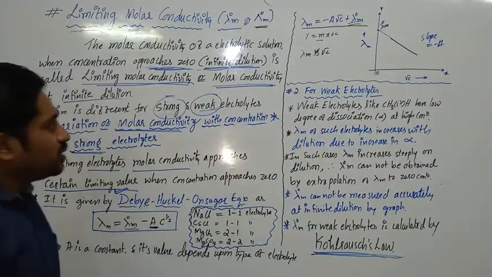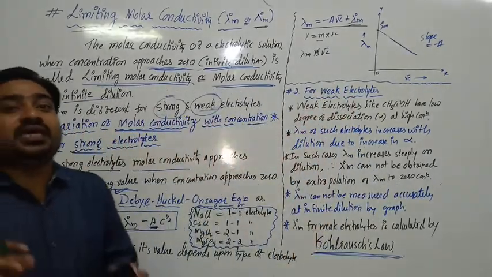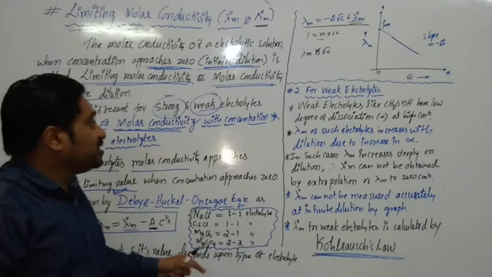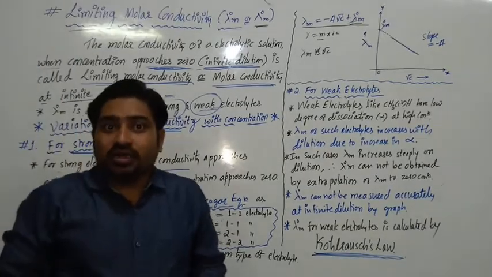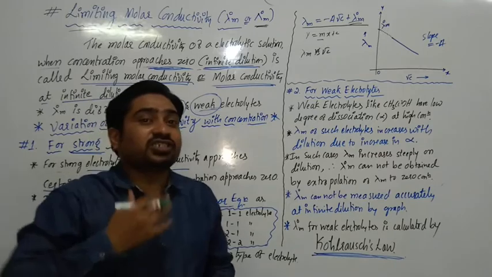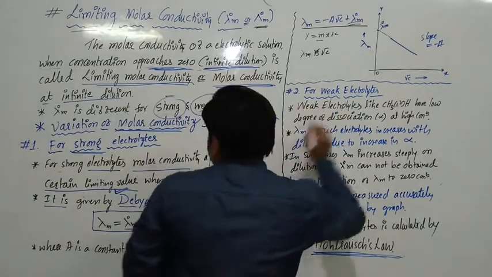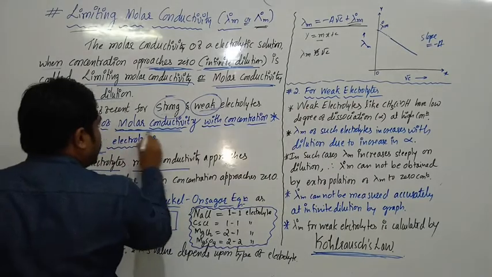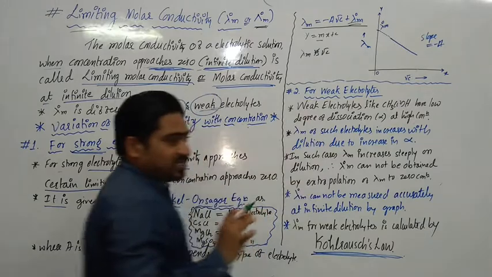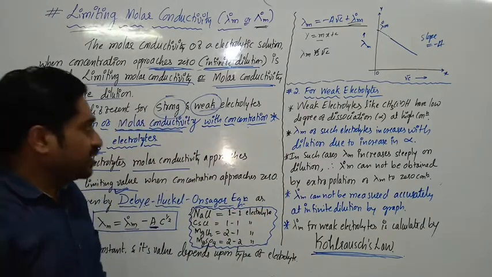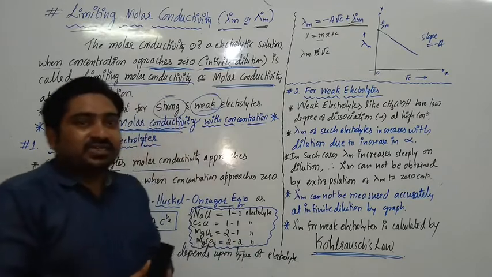Next we go towards weak electrolytes. Now we will study what happens when the concentration approaches zero, or on dilution increasing up to infinite. What is the variation of molar conductivity with concentration for weak electrolytes, like acetic acid?